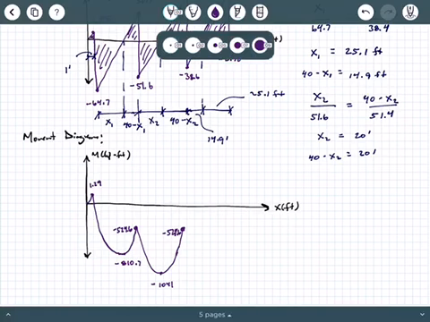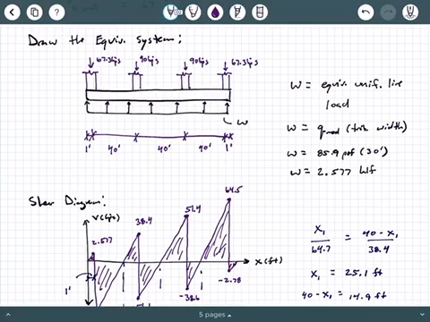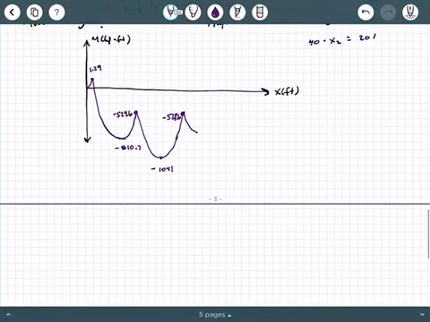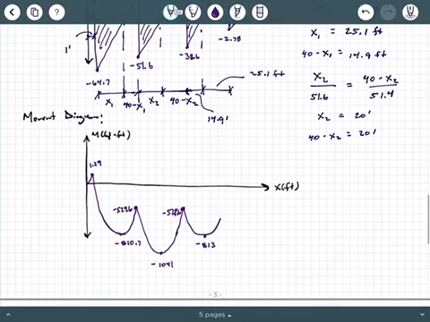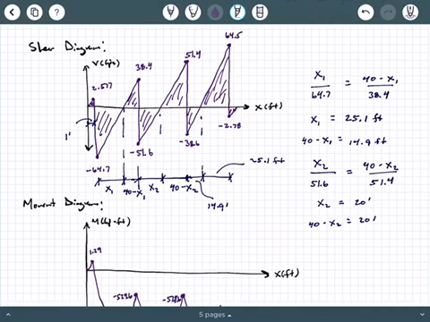So that's going to put us down. Oops. Try to redraw that. That's going to put us down here again to about negative 813 kip feet.